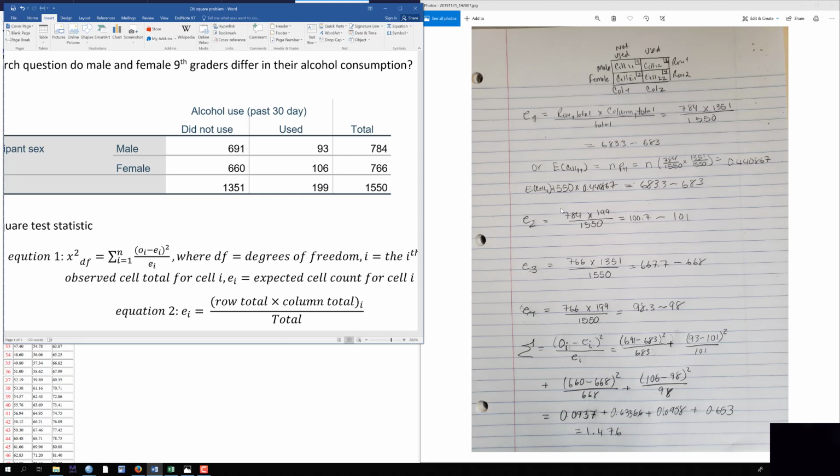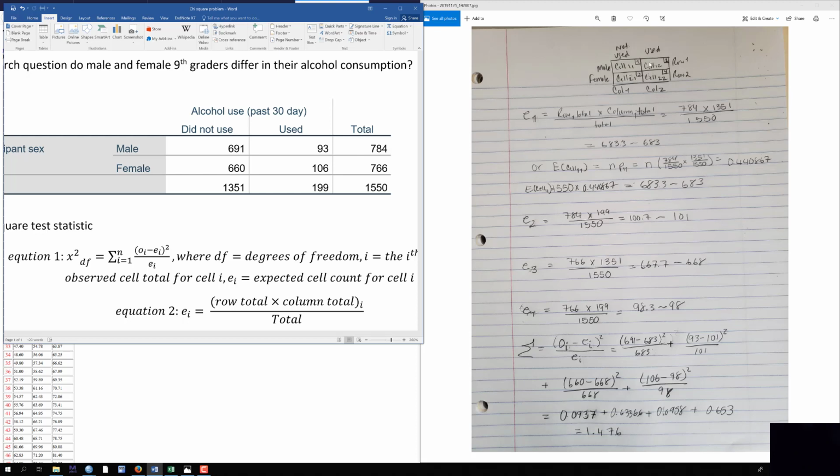If I multiply 1550 times 0.440867, I get 683, which is the same thing that we got here. So you can do this either way, and that's the only time I'm going to do it using the probability. The rest of the time I'm using the more standard way that you'd see in your courses and textbooks.